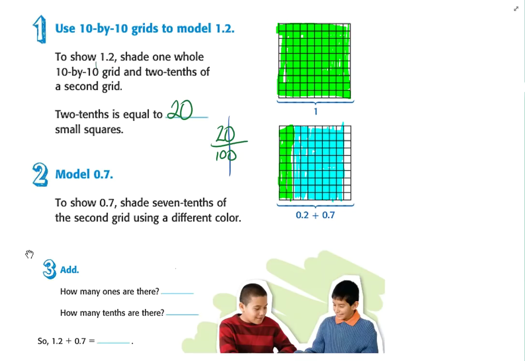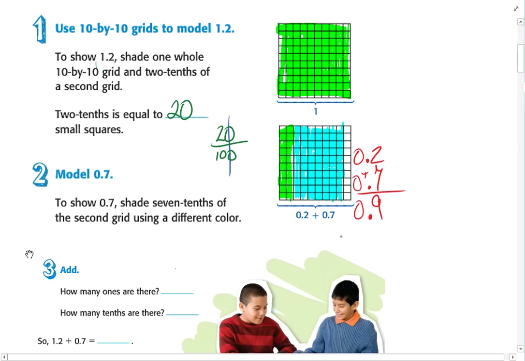And I'm looking at this as if I didn't have the decimal points, I have 2 plus 7. If I added those together, I'd end up with 9. The same concept applies where if I have decimal points, I just keep them aligned. 2 and 7 is still 9. I add my decimal point, and I end up with 9 tenths.